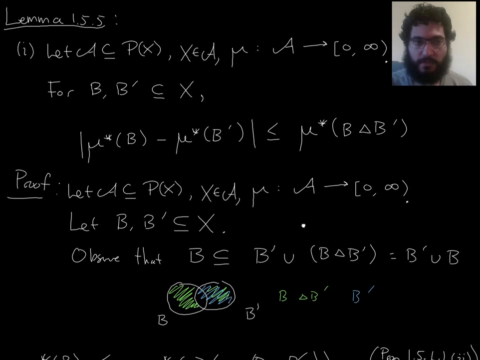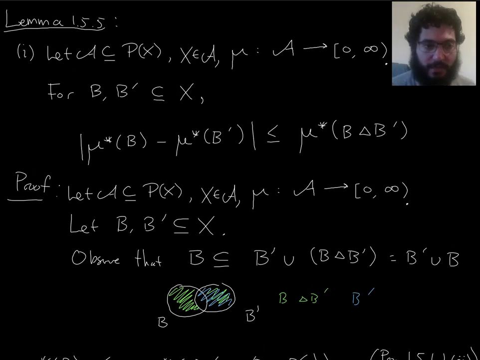So now that we're here, I'd like to, without much extra effort, include a part 2 to this, which will put us in a situation where we are also looking at a function that is monotone and finitely subadditive.